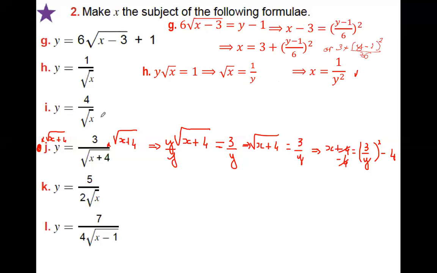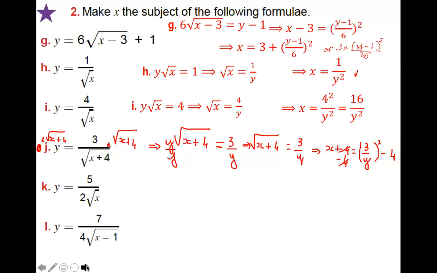So you do exactly the same for the next one. Times by root x both sides. Then I've got root x equals 4 over y, and then you square, which is 4 times 4 divided by y squared. Okay.